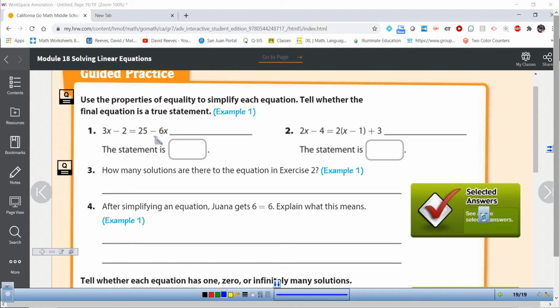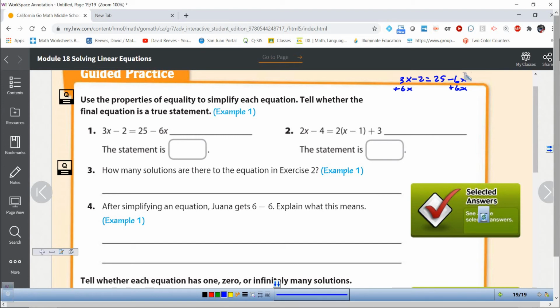All right. So if we take a look, we have 3x minus 2 equals 25 minus 6x. Well, if I were to solve that equation, I would add 6x to both sides.